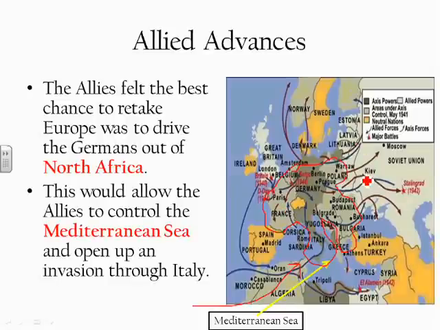Now, of the two, the Nazi army is definitely the stronger, but they're currently engaged with the Soviet Union. So Italy would be left on its own to defend the Italian peninsula. The idea was to advance through North Africa, cross the Mediterranean, and use Italy to establish a foothold in Europe.